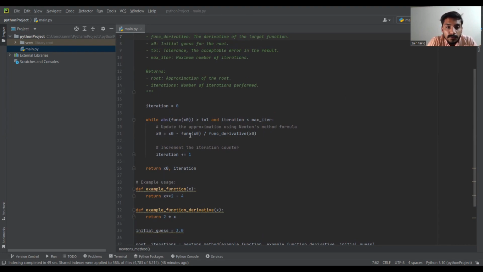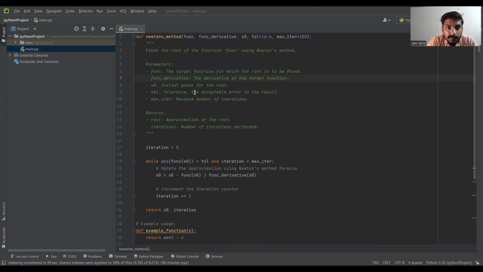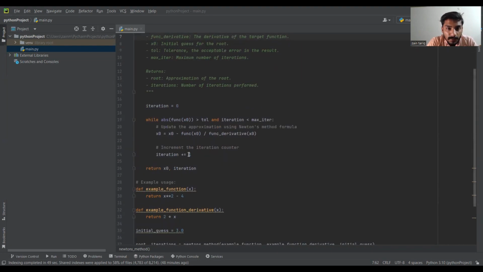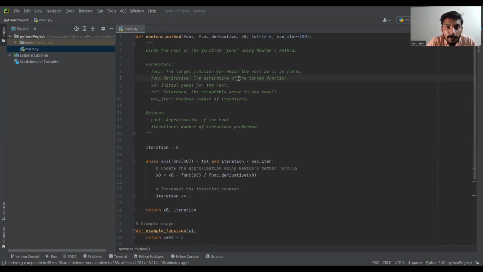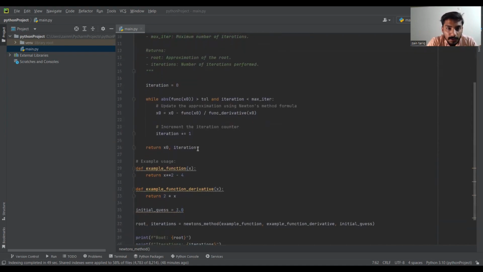So x0 is equal to x0 minus f(x0) divided by the derivative, dy over dx. The iterations will be incremented by 1 each time until we reach the desired number of iterations and get the targeted approximate root. So right over here, the return will be the root and the total number of iterations.